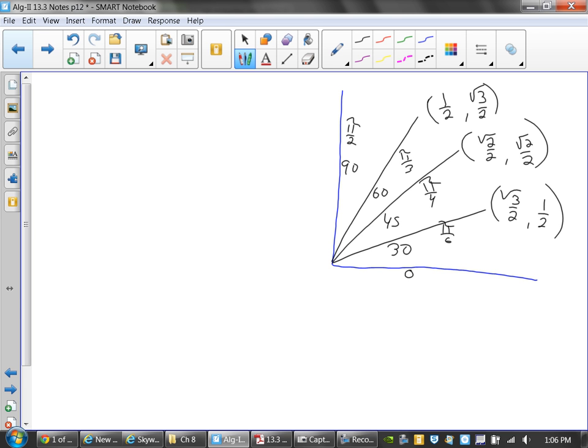They're both negative. Good. And now in the fourth quadrant, positive cosine, negative sine. Remember, these are your x's and your y's. So in quadrant 1 sine is positive, cosine is positive; in quadrant 2 cosine is negative, sine is positive; in quadrant 3 cosine is negative, sine is negative; in quadrant 4 cosine is positive, sine is negative.